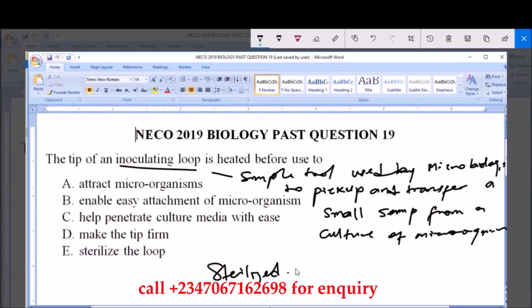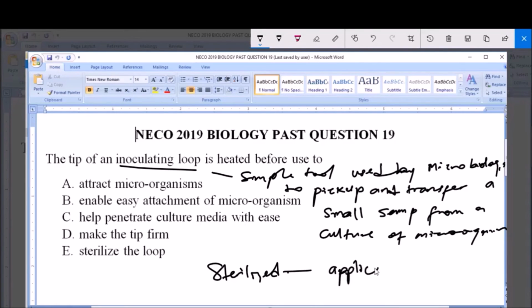Sterilizing the tip of the inoculating loop involves application of heat, and this is done by passing it over the flame of a Bunsen burner. By so doing, it is sterilized. So the tip of an inoculating loop is heated before use to sterilize the loop. Option E is the answer.